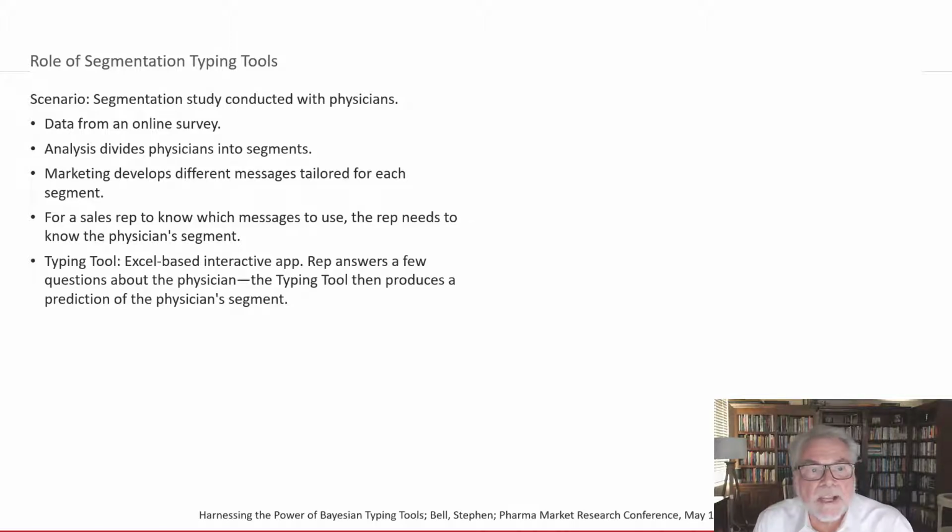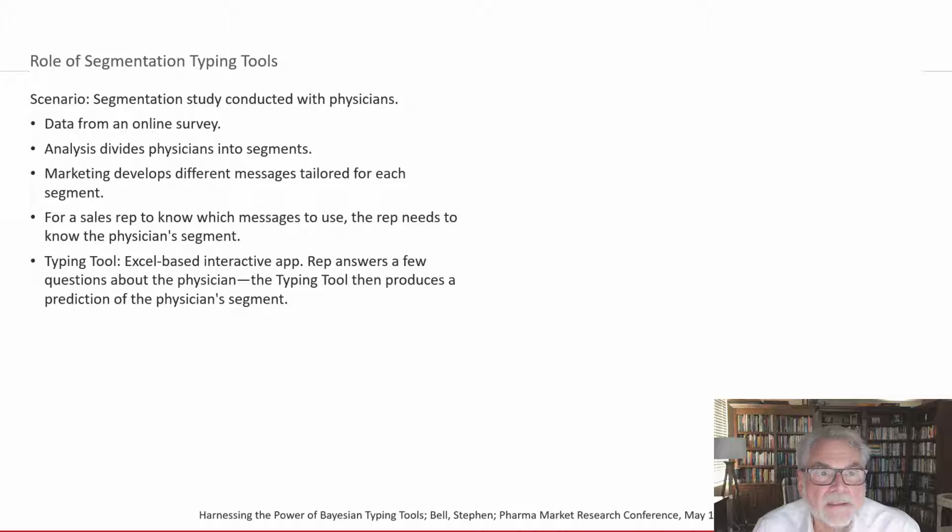So what's the general problem we're looking at here? This is part of physician segmentation. And there on the left is a pretty typical scenario. And that would be a physician segmentation, data coming from an online survey.